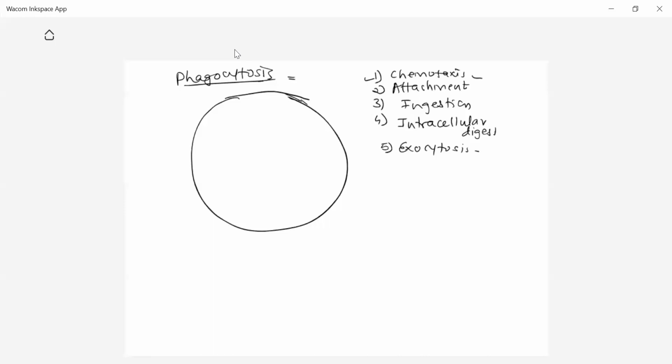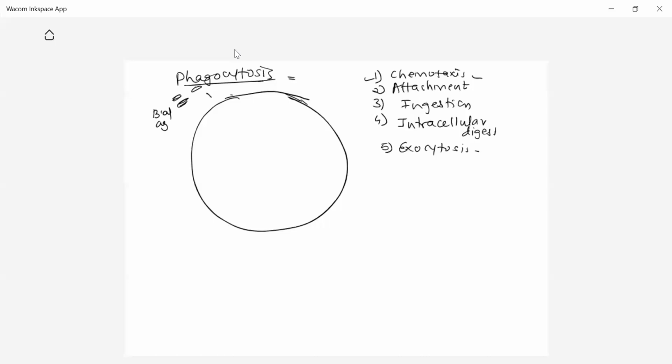After chemotaxis, once this cell comes in contact with the antigen, suppose this is a bacterial antigen, say a typhoid bacterium, the phagocytic cell comes in contact with the antigen with the help of chemotaxis. These antigens get attached at the cell surface.